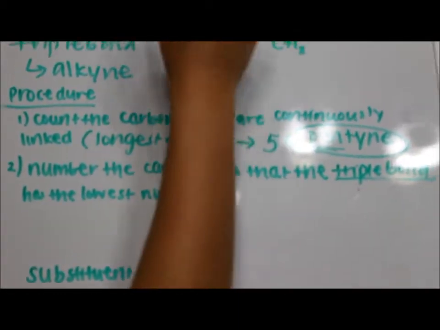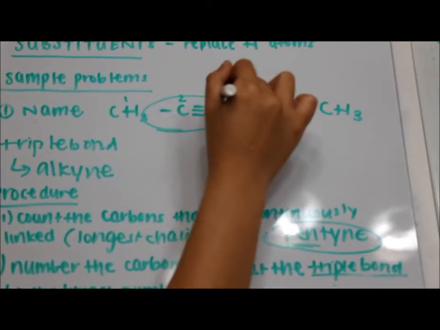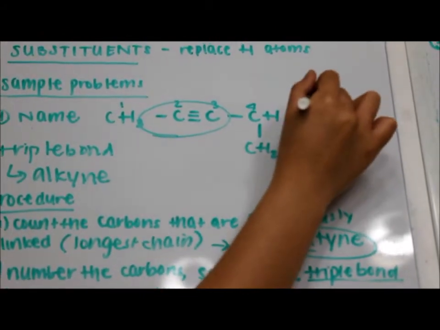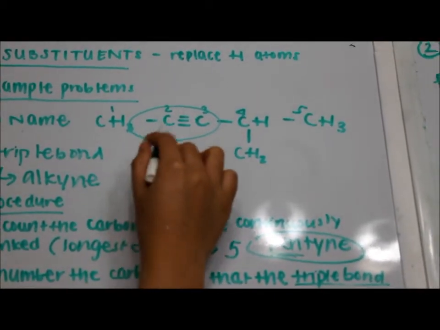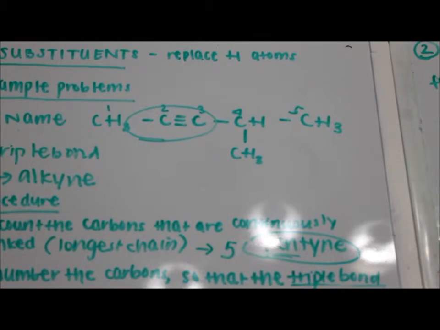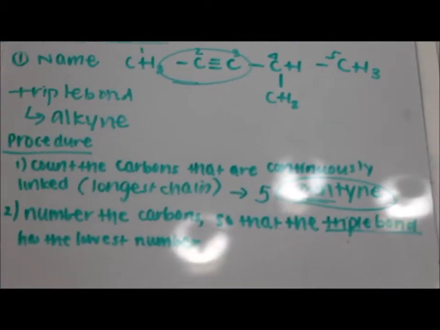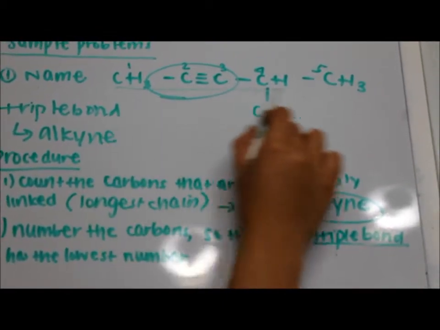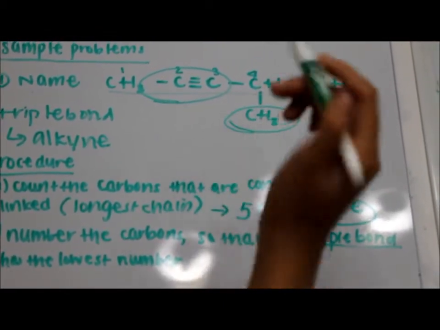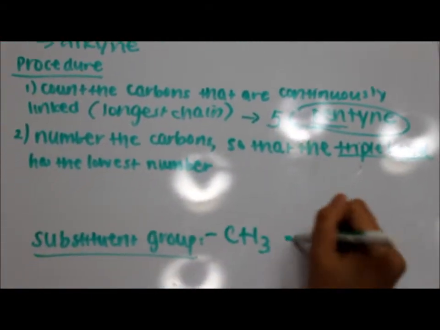So to number, we're going to go 1, 2, 3, 4, 5. The triple bond has number 2, and we're also going to identify our substituent group. Since here's our chain, this must be our substituent group, and the CH3 is the methyl group.